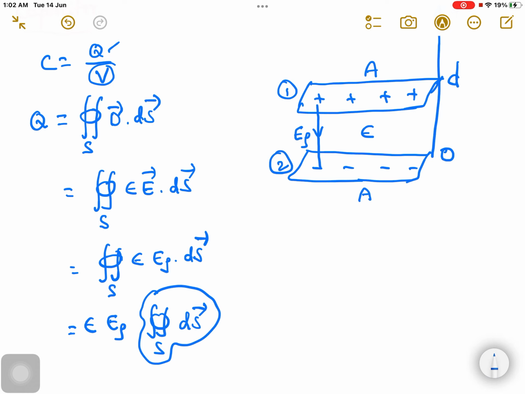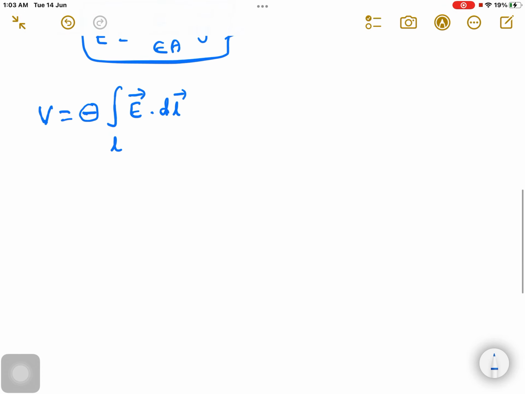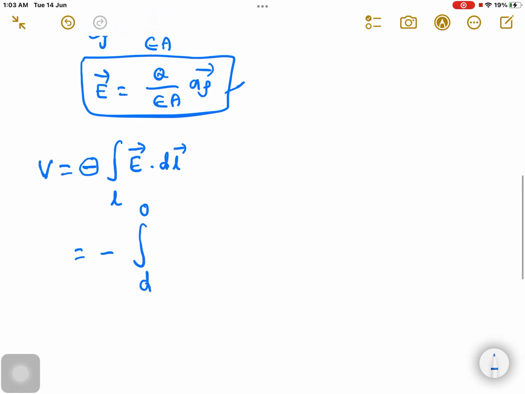The electric field goes from conductor 1 to conductor 2, that is plate 1 to plate 2, separated by a distance of d. Then the integral will go from d to 0. So this is minus integral d to 0, and E bar we already have as Q by epsilon A rho bar, dot dl bar.